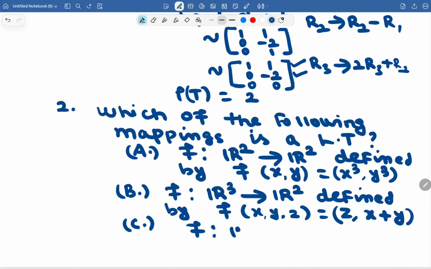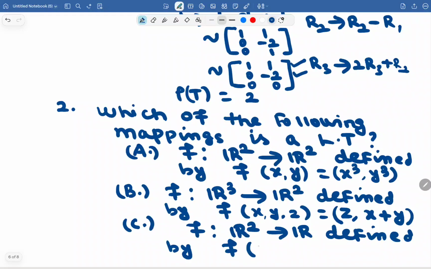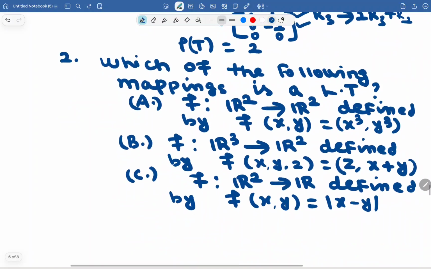Option C: F maps R square to R defined by f of x comma y equals modulus of x minus y.